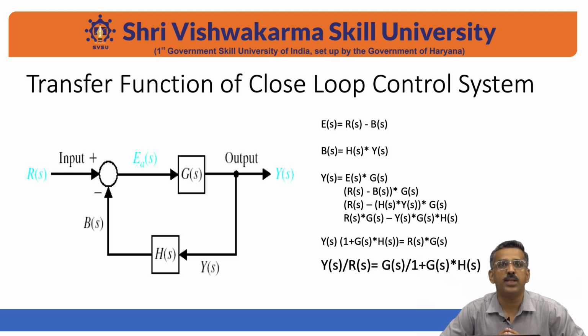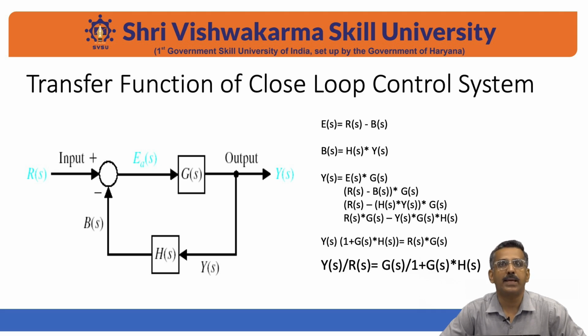We have seen the open loop transfer function is G(s) only, while the transfer function of closed loop is G(s) divided by 1 plus G(s)H(s). Now, in this case, there is a factor of 1 divided by 1 plus G(s)H(s) which has been multiplied with the open loop transfer function, that is G(s).